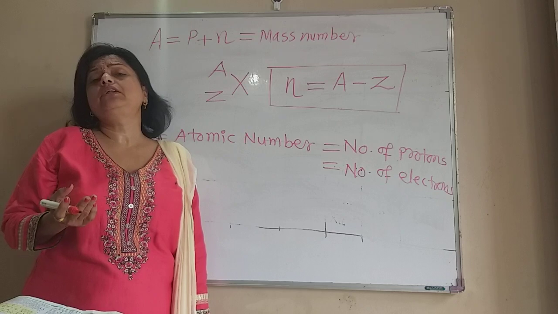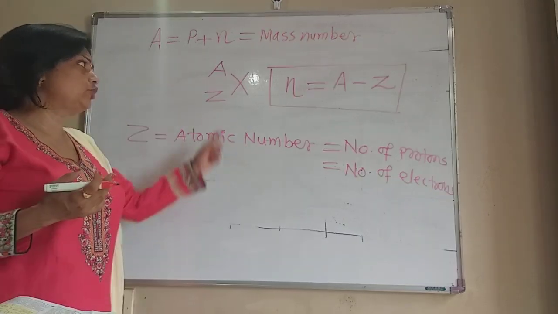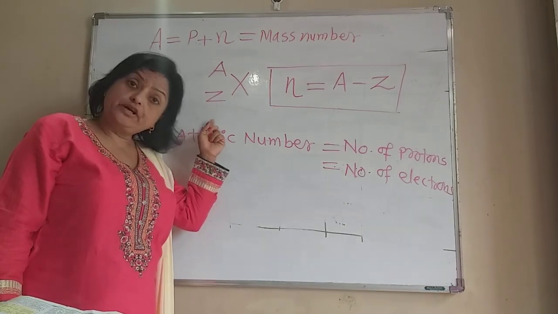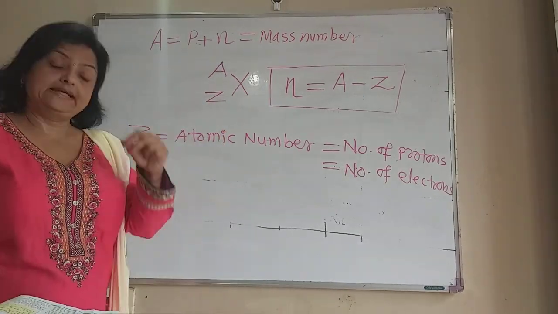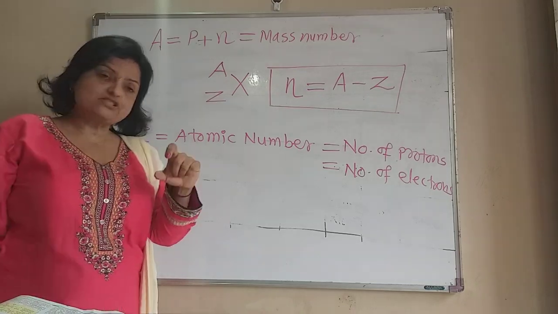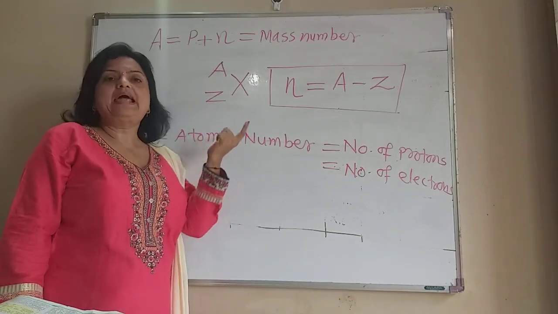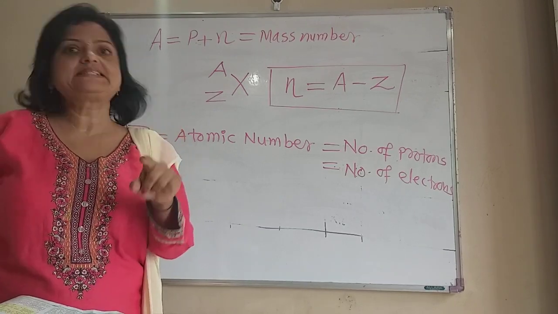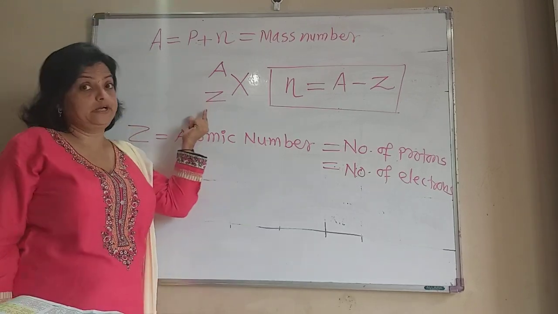And you very well know that this atomic number is very important, because in the modern periodic table the classification of the elements is done on the basis of the atomic number, and the periodicity of the elements is on the basis of the atomic number.